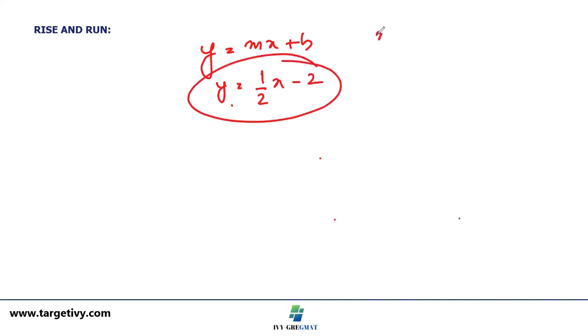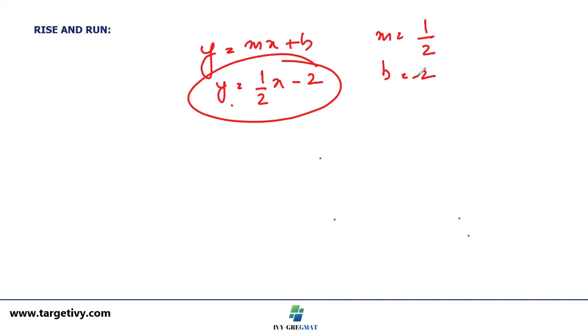Let's take an example. So that makes it easy for us to understand this. Say y is equal to mx plus b. So if we write something like this, 1 by 2x minus 2, and say this is an equation, then m is equal to 1 by 2, b is equal to minus 2.